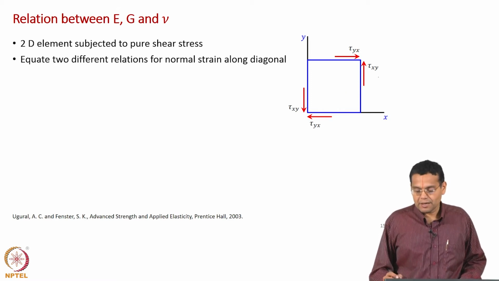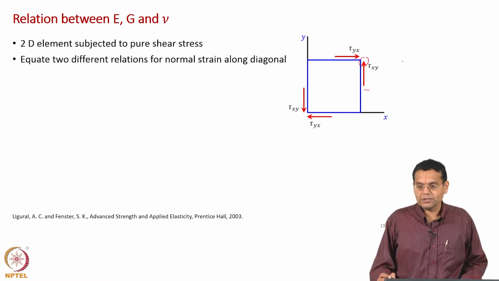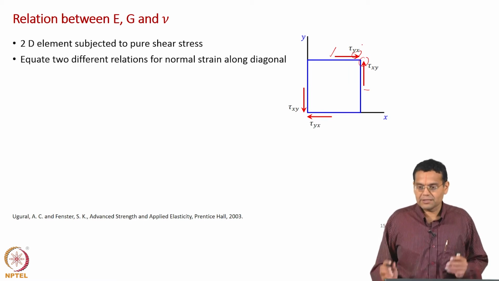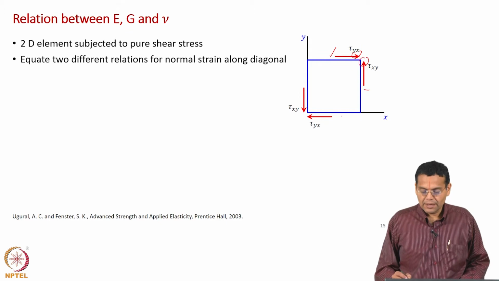On a positive face, positive force, and similarly on a positive face, positive force. So, all shear stress components are in the positive sense. And on a negative face, negative direction of force.